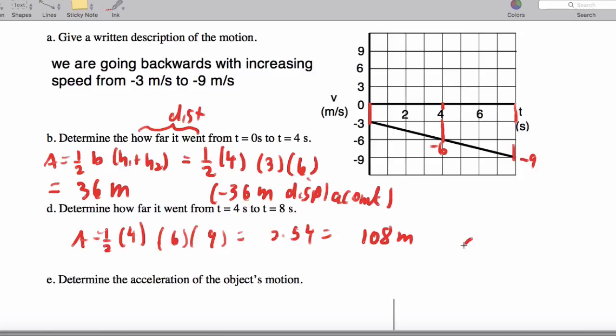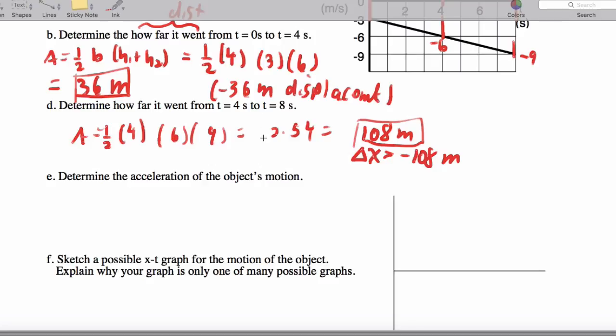Again, the displacement would be -108, because we actually care about direction when we calculate displacement. But this is the answer that they want here. And for B, that's the answer that they want.